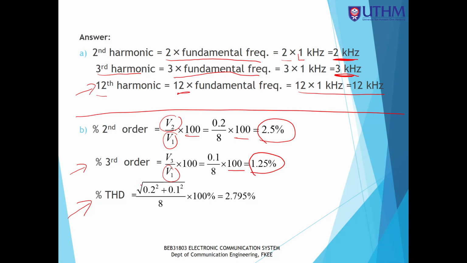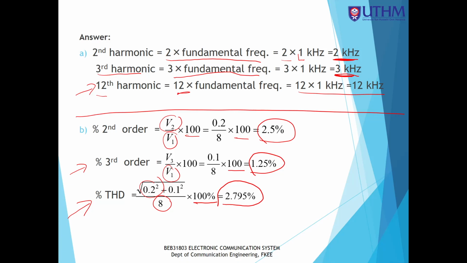It is equivalent to the square root of 0.2 squared, the second order, plus 0.1 squared of the third order. Then you do the square root, divide by V fundamental, and multiply by 100%. So you get 2.795% for the total harmonic distortion.